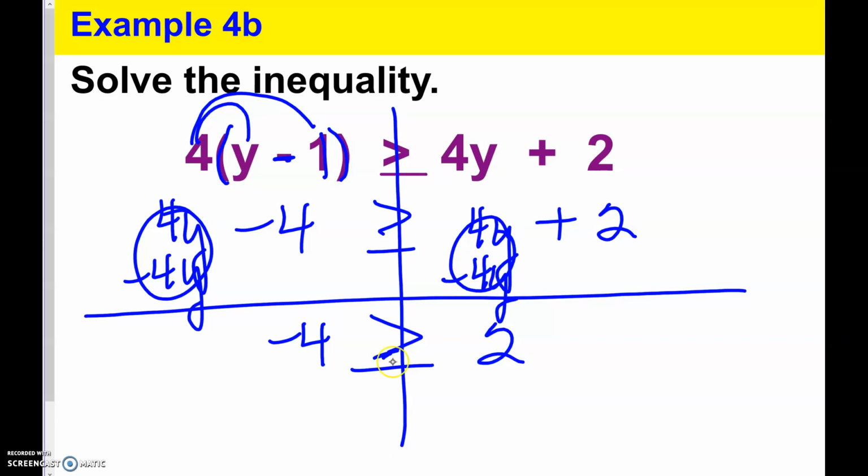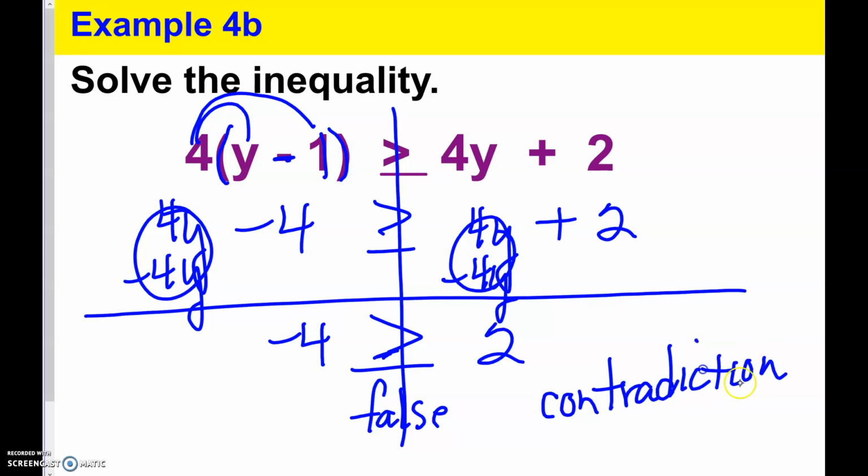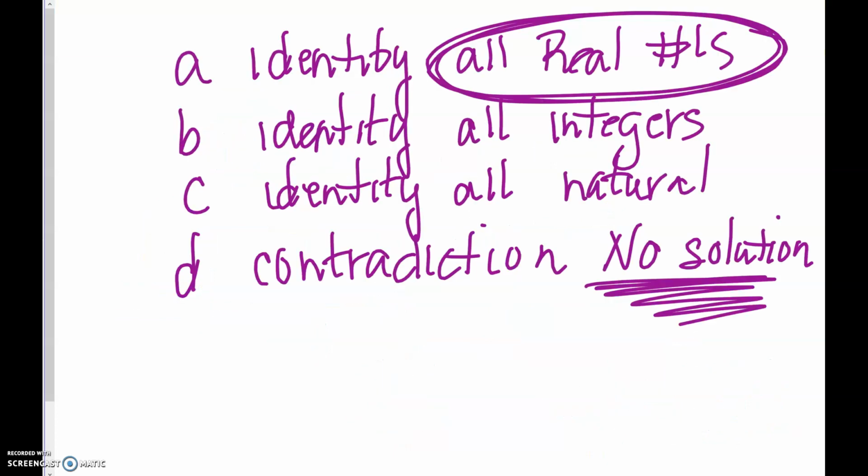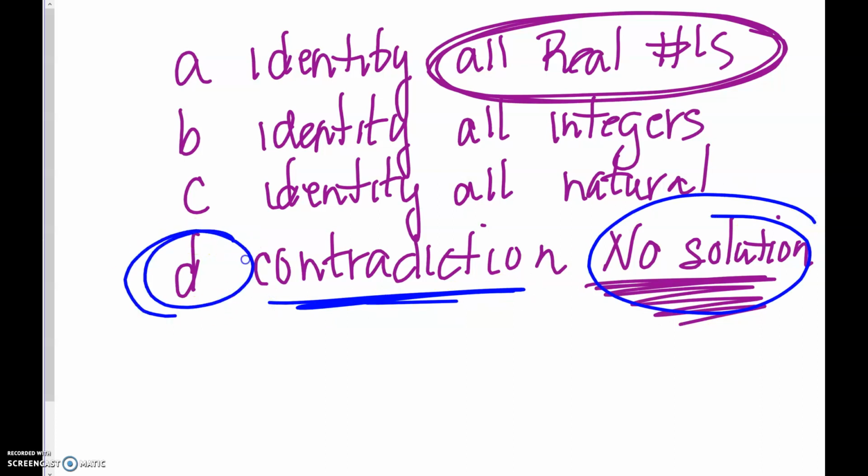Is -4 bigger than 2? And this is a false statement. So what we have is a contradiction, and if we have a contradiction, then that means there are going to be no solutions for this problem. So if it was a multiple choice, we would pick the contradiction, no solution answer, so that one would be D.